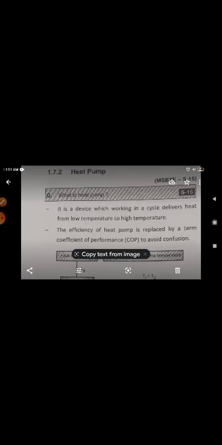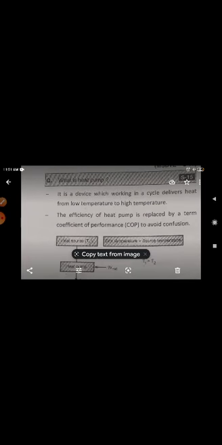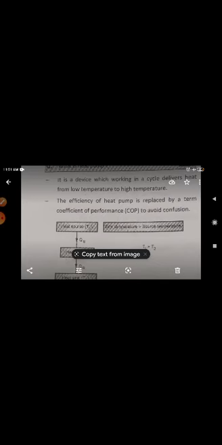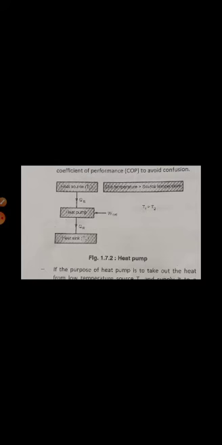Then let's see heat pump. What is a heat pump? It is a device which, working in a cycle, delivers heat from low temperature to higher temperature on account of consumption of some work. The efficiency of a heat pump is replaced by a term, coefficient of performance. Here the heat source at T2 gives out energy.